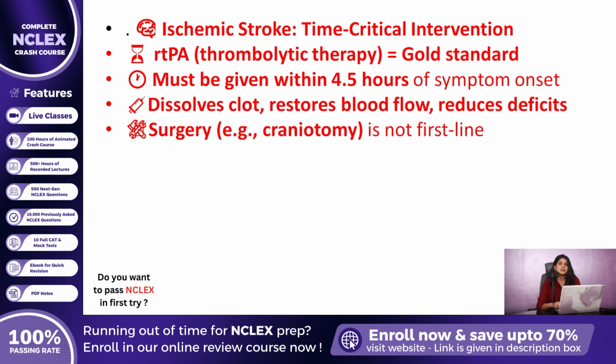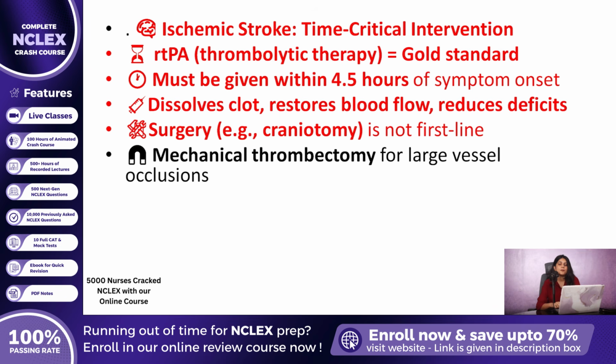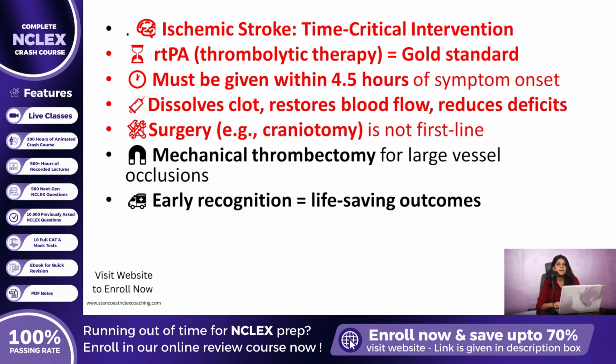While surgical interventions like craniotomy or ventriculostomy may be needed in severe cases, they are not first-line. Mechanical thrombectomy is typically reserved for large vessel occlusions. Early recognition and administration of RTPA is a time-sensitive intervention that can be life-saving in stroke care.